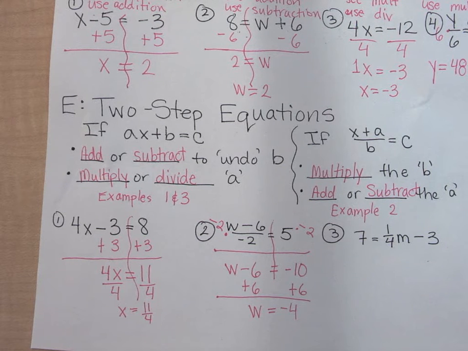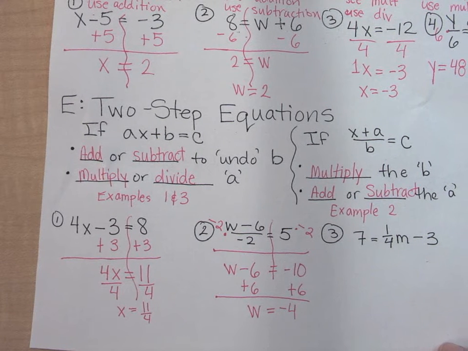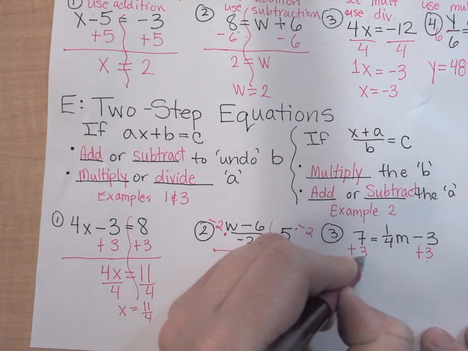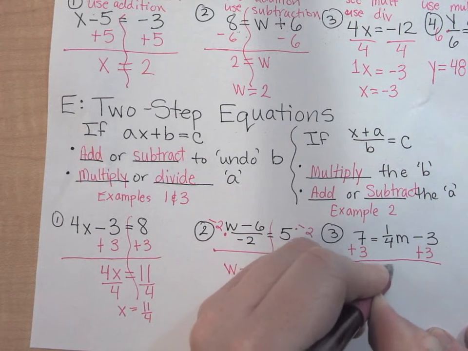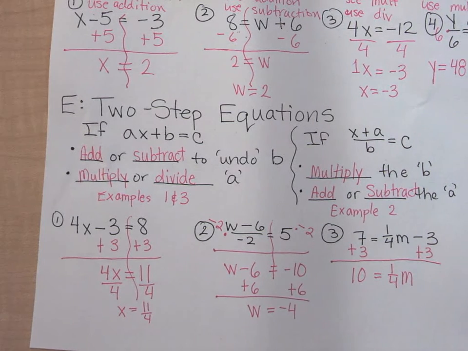All right, now for problem number 3, again, the variable is on the right-hand side. That's okay, we're still going to follow all of the same steps as before. So my first step is going to be to do what? We're going to add. Okay, we're going to add this 3 to both sides. All right.